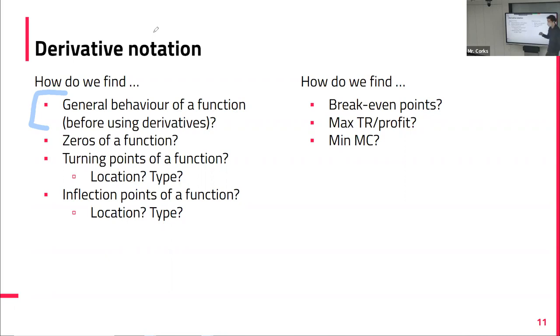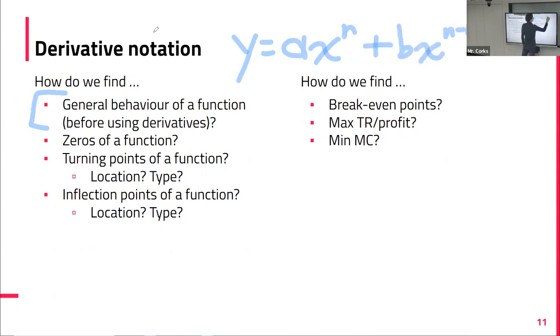Okay, so the ends going in what direction? What do we look at to figure that out? The leading term. So for some big long polynomial, the coefficient and the exponent of the leading term, that's what we care about.